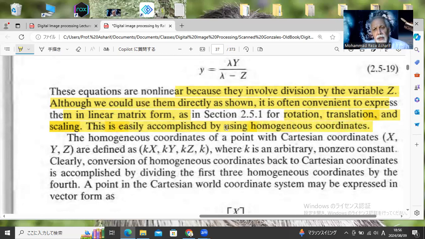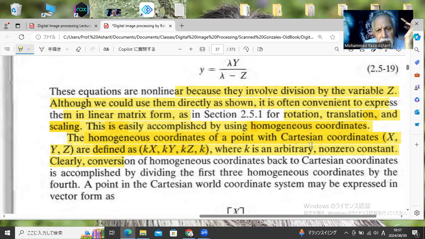So in order to make this expression, such as the transform, translation, rotation, we use the homogeneous coordinate. What is homogeneous coordinate? The homogeneous coordinate of a point with Cartesian coordinates x, y, z is defined as kx, ky, kz, and k.